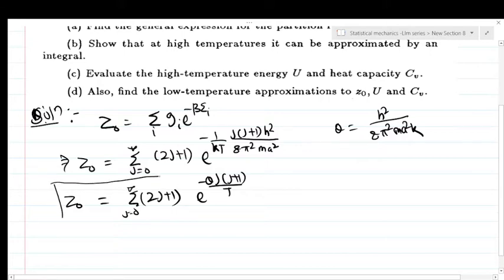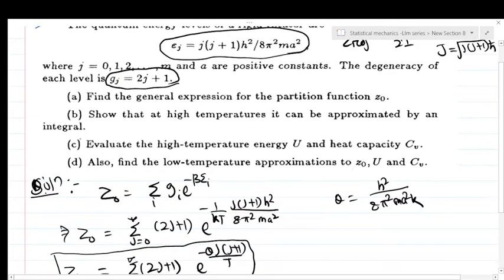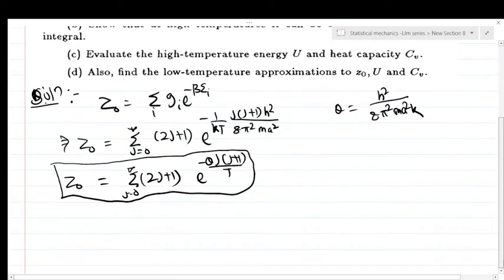Okay, this is the partition function of the rigid rotator. Then what is the next question? The next question is that at high temperature it can be approximated by an integral. So at high temperature, that means T tends to infinity, our beta tends to 0.